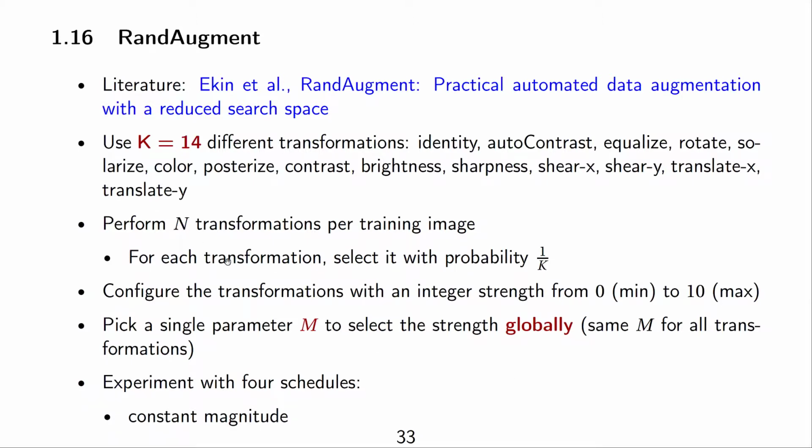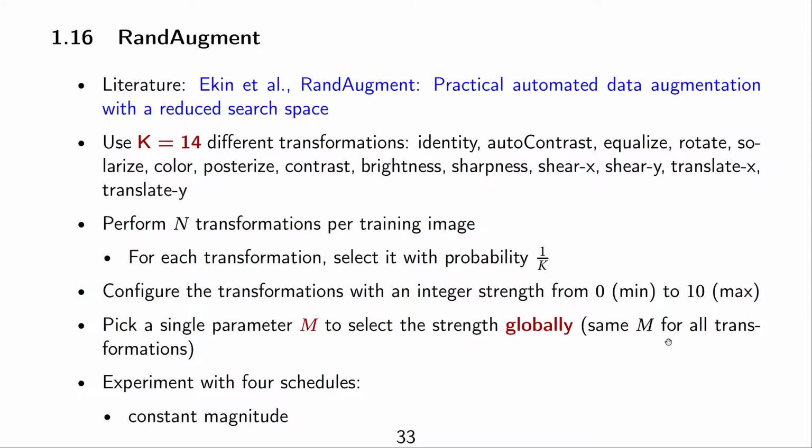Now then there's a second parameter, m. So actually this n should also be read. So m is a second parameter, and this is basically a global strength. So this same m applies for all transformations. So if m is 7, then the strength 7 will be used for all transformations.